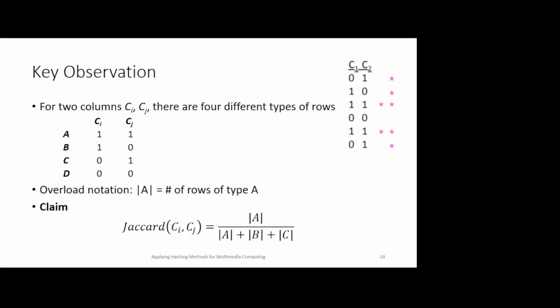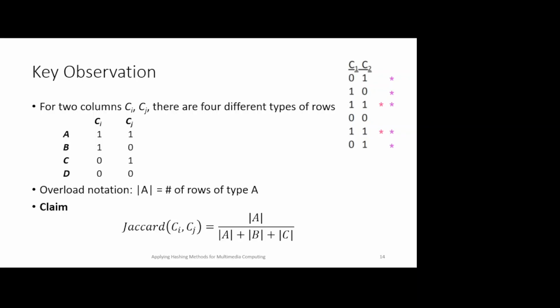And the Jaccard coefficient can be computed in this way. Your numerator is the number of rows of type A. You see, there are the first one, the second one, so you have 2 type A. And your denominator is A plus B plus C. Actually, it's type A, type B, type C, the total number of these 3 types.